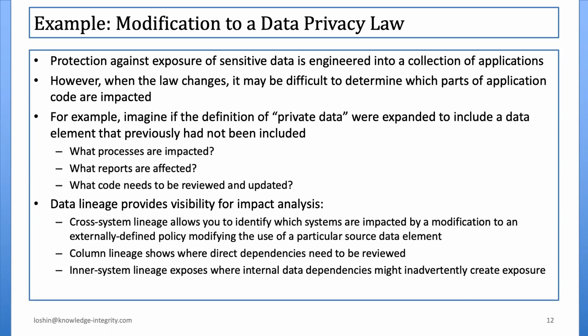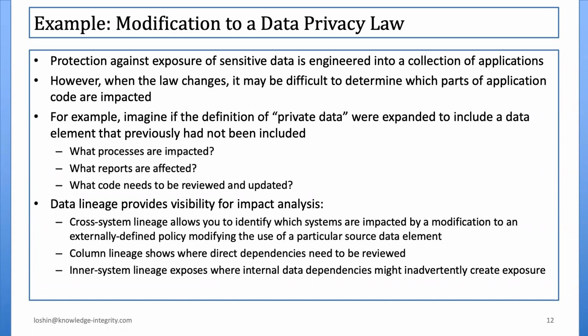The cross-system lineage allows you to identify which systems are impacted by modification to that externally defined policy. It'll tell you, when you modify the use or the rules associated with a particular source data element, what systems are touching that data element and how they are touching it. So if you look at the column lineage, it'll show you what direct dependencies need to be reviewed.